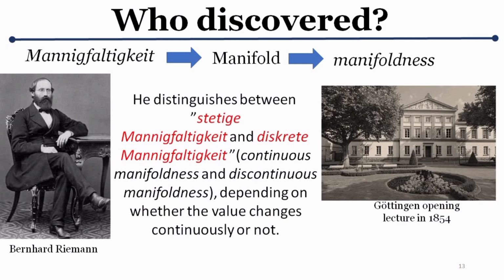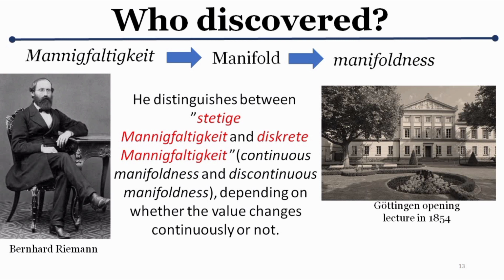Okay, so here is something I would like to tell you. In 1854, in his Göttingen inaugural lecture, Riemann described a set of all possible values of a variable with certain constraints as this German word, because a variable can have multiple values, right? So he distinguishes between continuous manifoldness and discontinuous manifoldness, depending on whether the value changes continuously or not.